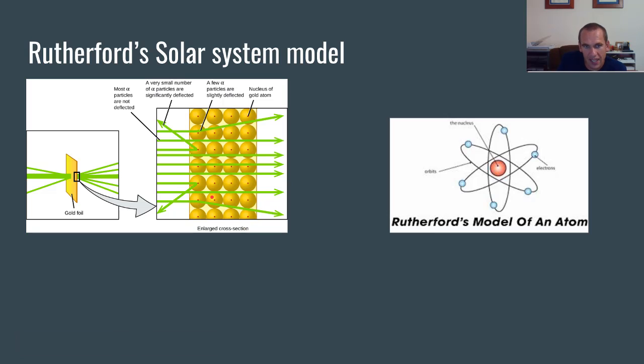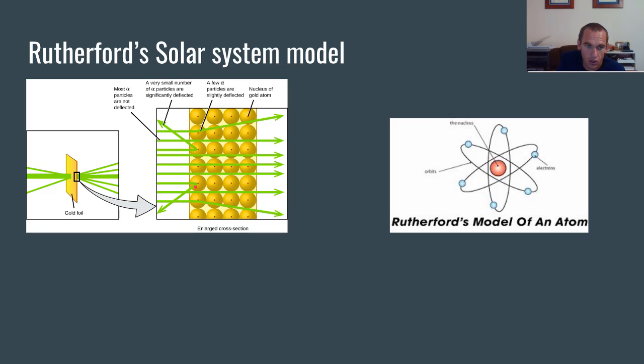So this is sort of an in-close view of Rutherford's gold foil experiment. You can see alpha particles are coming through. That's the green rays. Most of them are going through the gold atom here, and you can see where they just go through the gold circle part. They mostly go through unaffected.